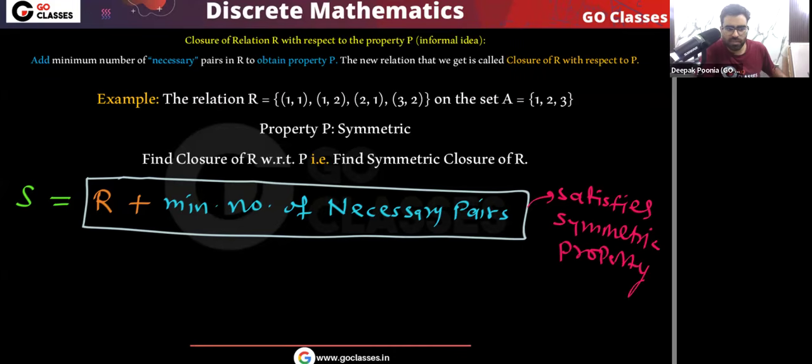So you agree with me that in this relation I need to add some pairs, the minimum number of necessary pairs, so that symmetric property is satisfied.